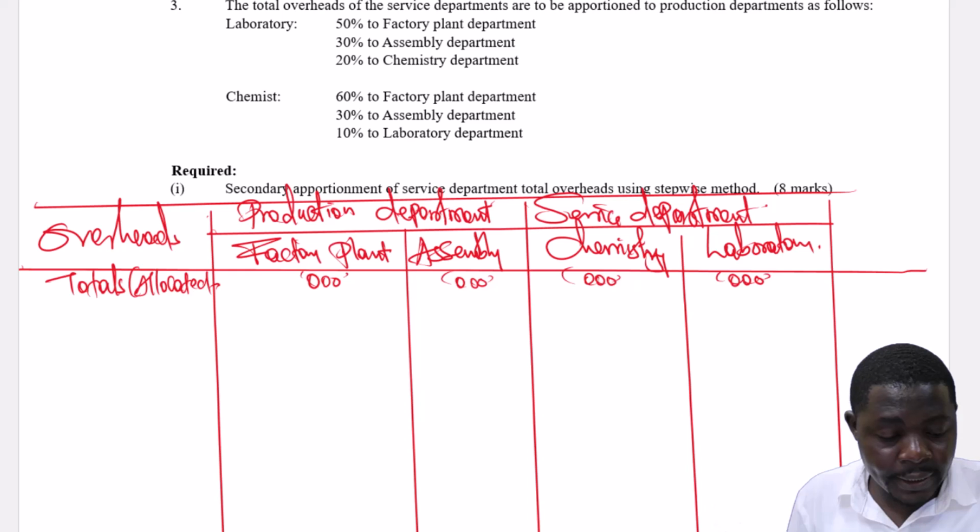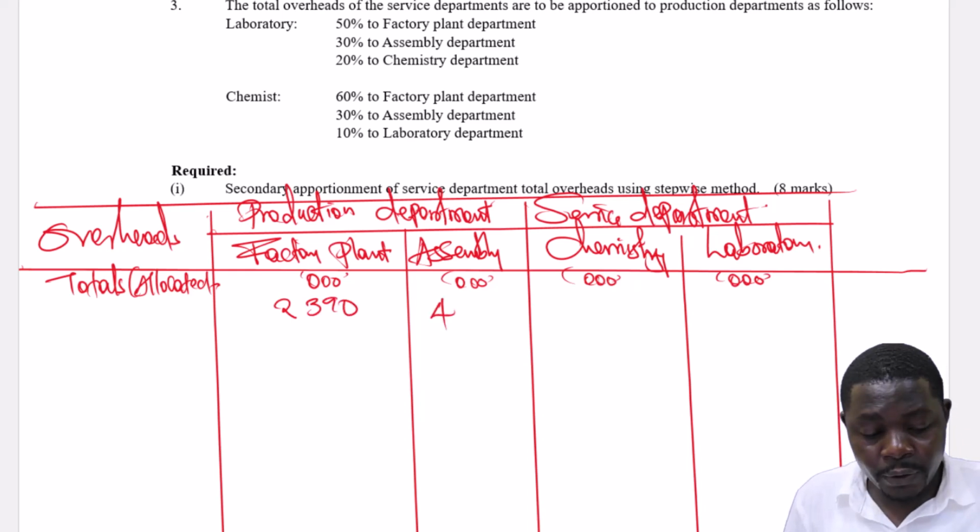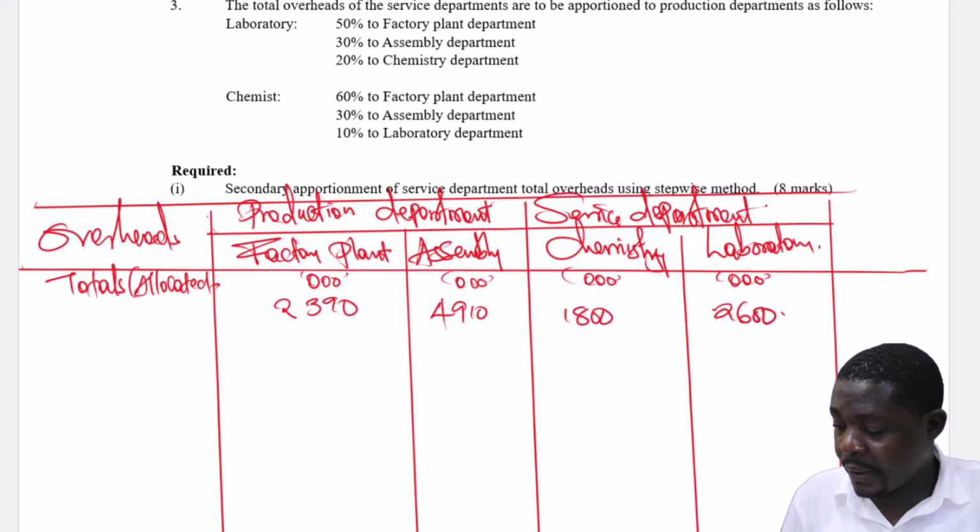We had 390,4,9,10, that is chemistry, chemistry should be 1800. Then this one is 26.